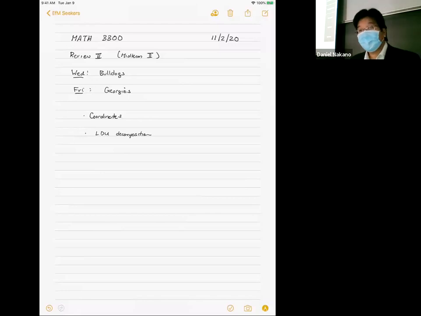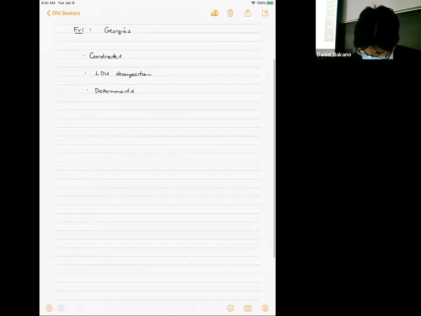Remember, as long as we don't need row exchanges, we can write a matrix in terms of a lower triangular matrix, a diagonal matrix, and one which is in upper echelon form. And the last topic we're going to cover is determinants. Okay, so let's begin.